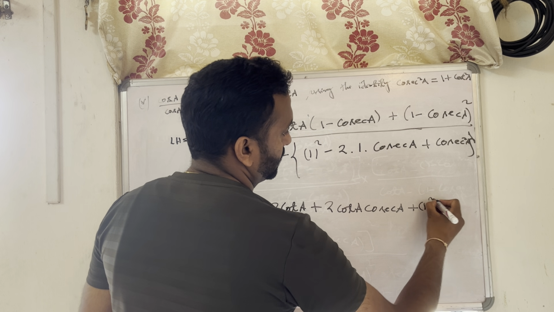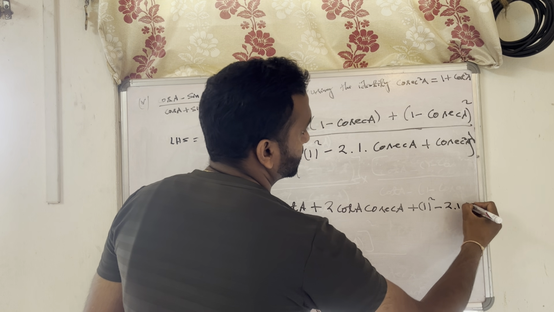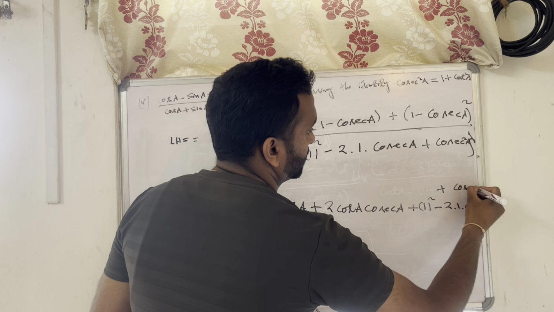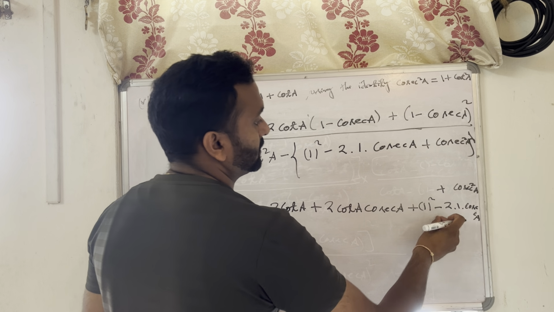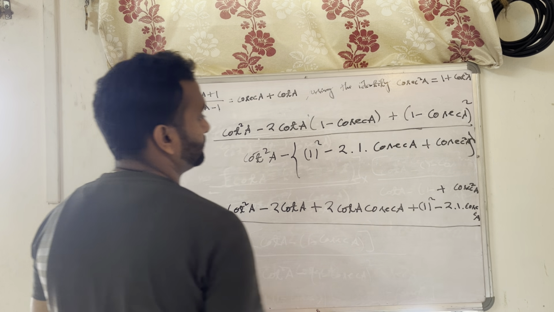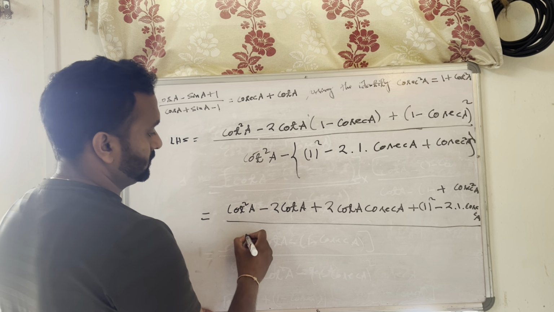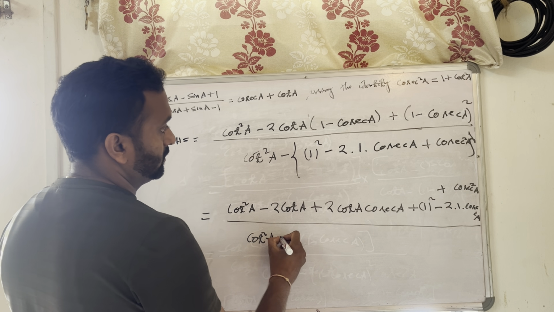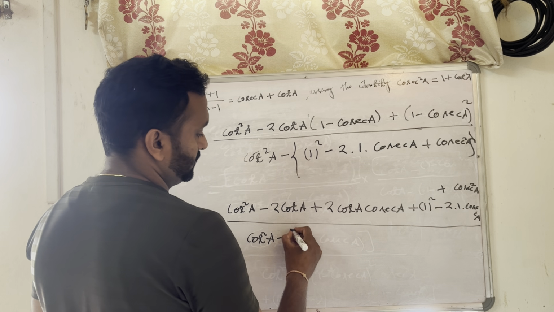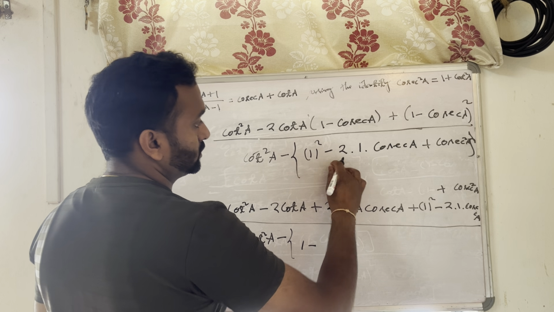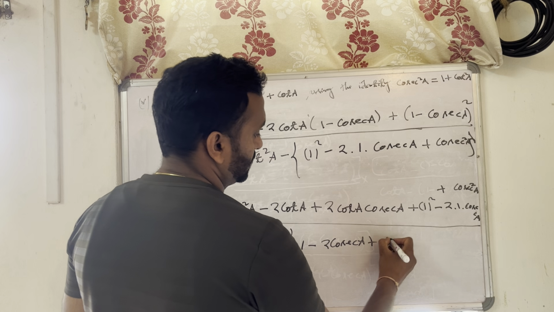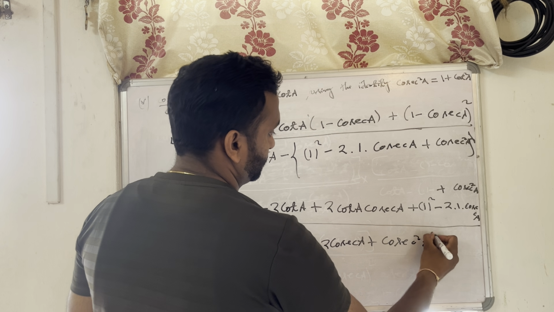It will be a square minus twice ab plus b square, where b is cosec A, so b square is cosec square A. This is divided by cot square A minus, within brackets, the square of 1, which is 1, minus 2 into 1 into cosec A, which is 2 cosec A, plus cosec square A.